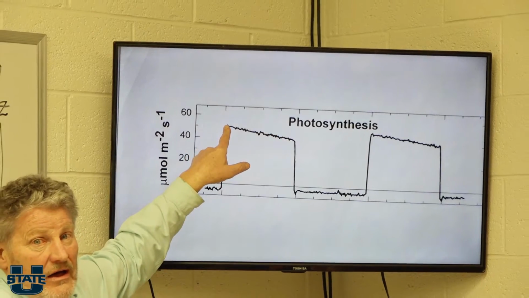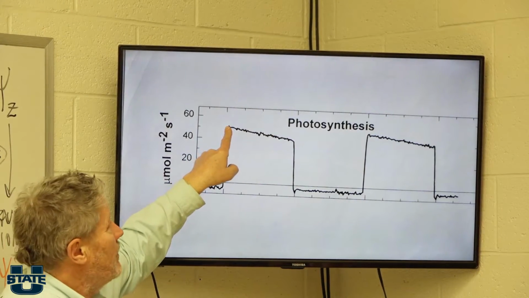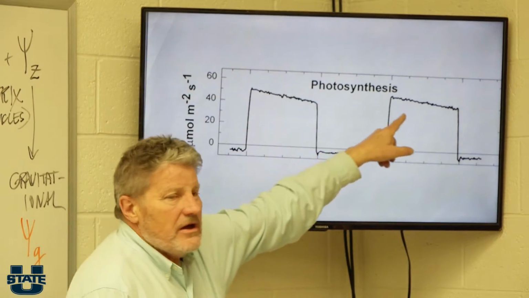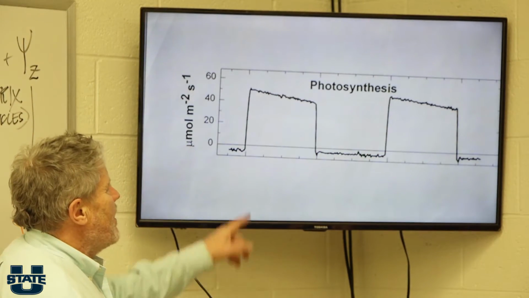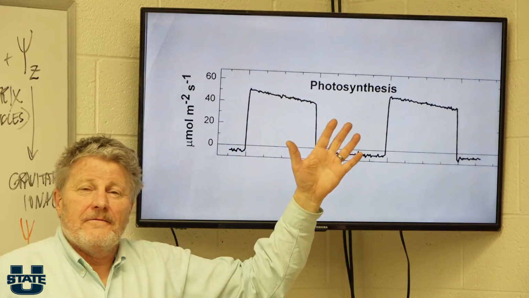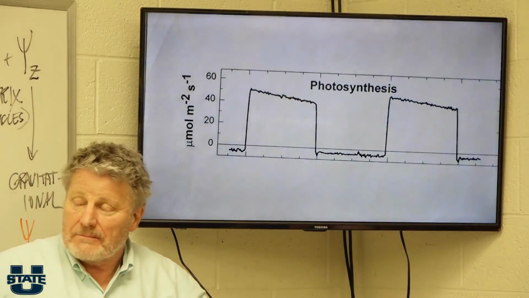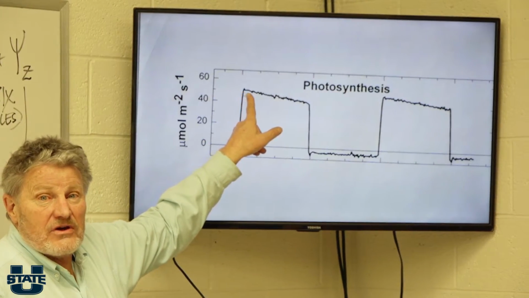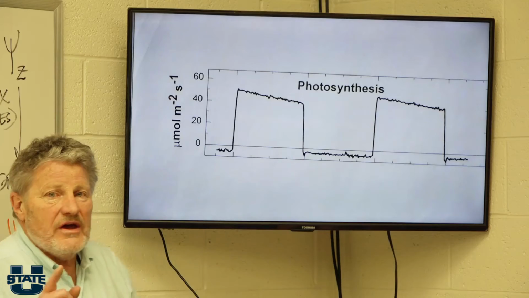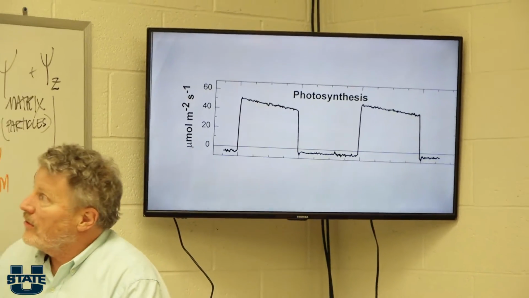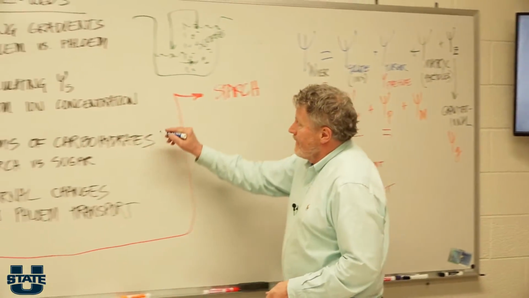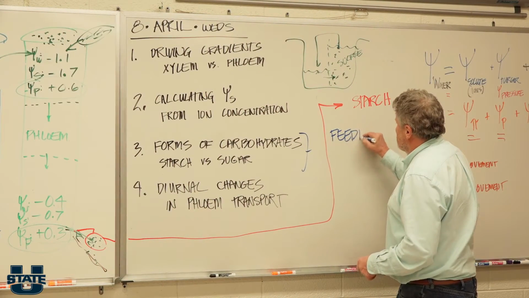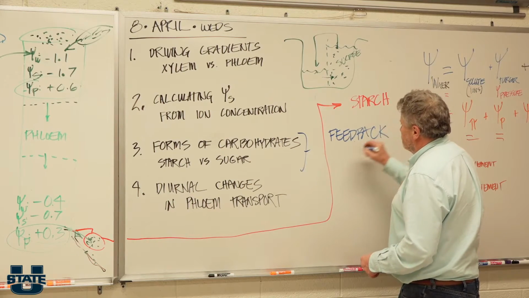Photosynthesis started out high in the morning. Ooh. Went down during the day, and the same thing happens every day. What's going on? People more productive in the morning? Some people are. But this was constant light. With constant light, this went down because of what we call feedback inhibition.